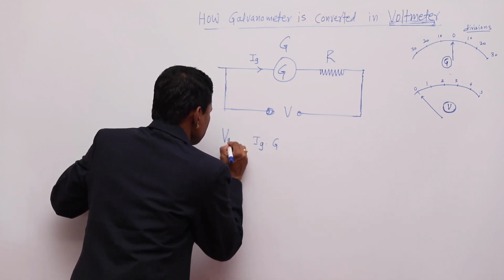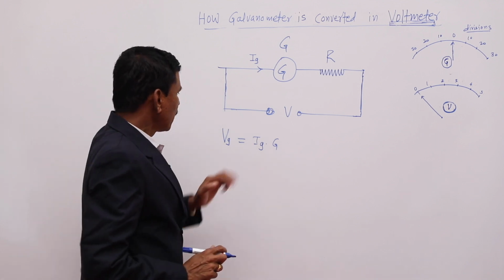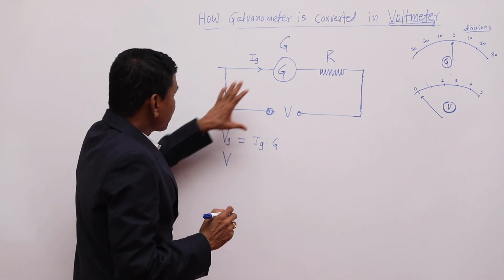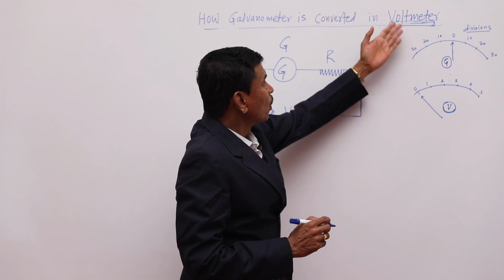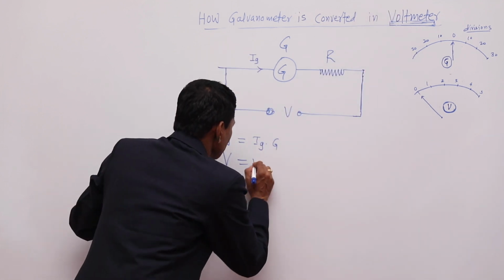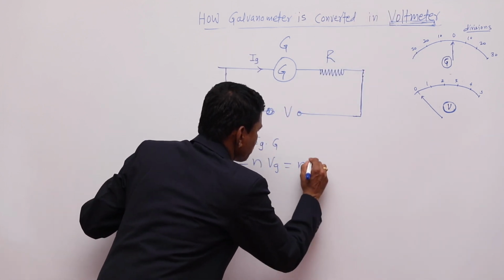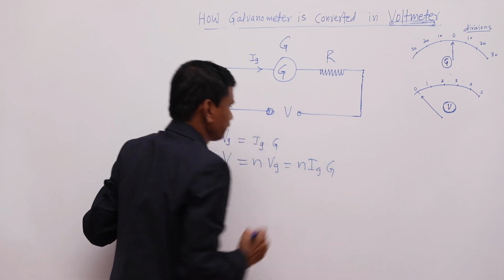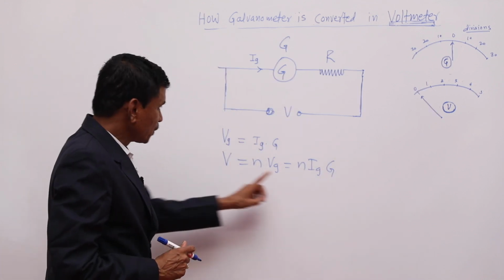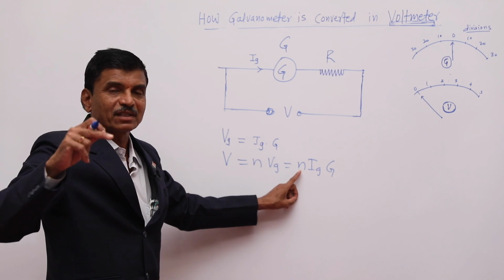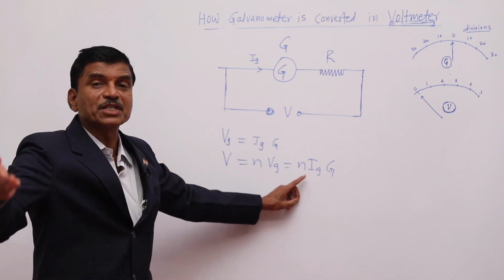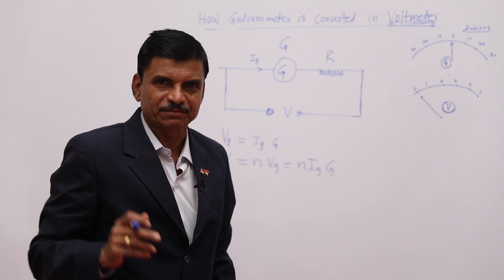Let it be Vg. And now we are creating a voltmeter having voltage range n times the Vg, so n times Ig G. So this is very important: n is how many times the voltmeter's voltage range is increased.